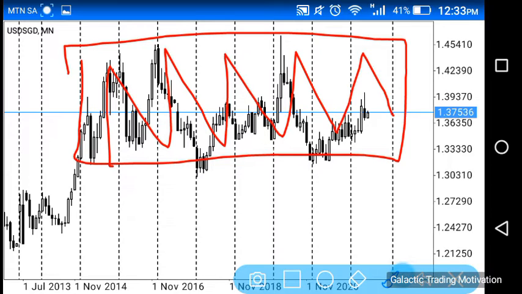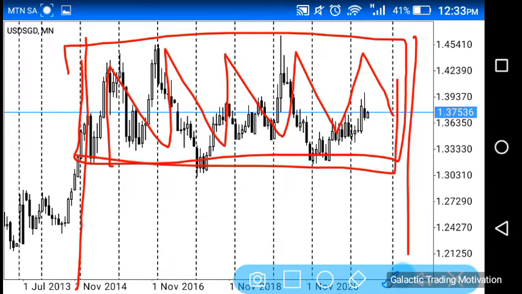In fact, this range started in more or less 2013, and now we're in 2020, and the market is still pretty much moving sideways in as far as the monthly chart is concerned.